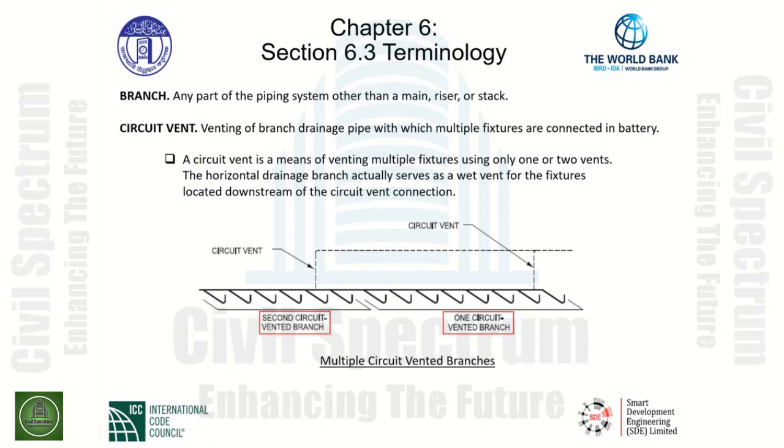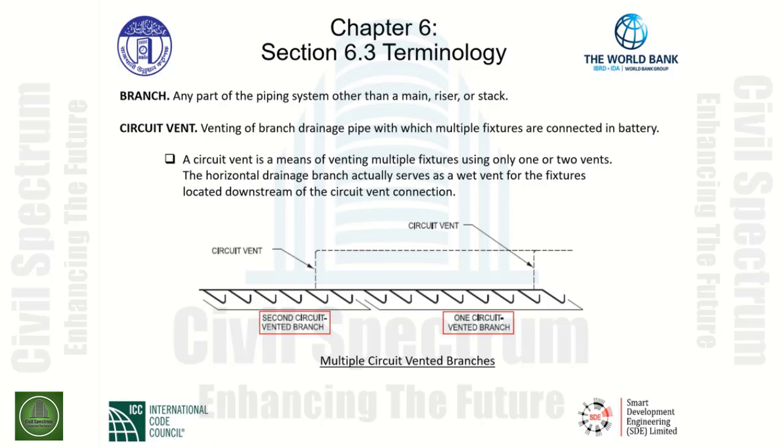As an example, a circuit vent is a means of venting multiple fixtures using only one or two vents. The horizontal drainage branch actually serves as what we call a wet vent for the fixtures located downstream of the circuit vent connection. That means it conveys the wet portion of discharge as well as a major portion of air within the piping system in the horizontal drainage pipe.